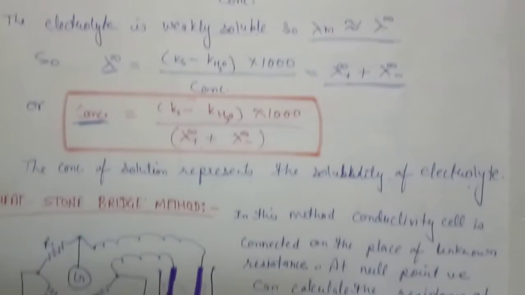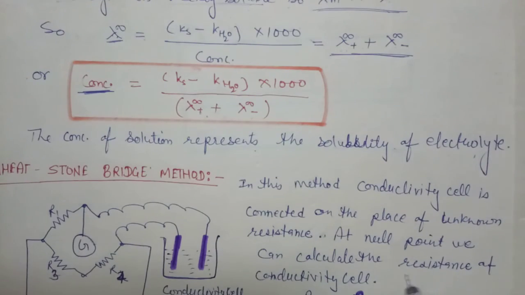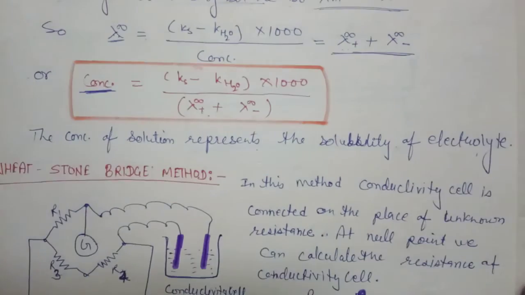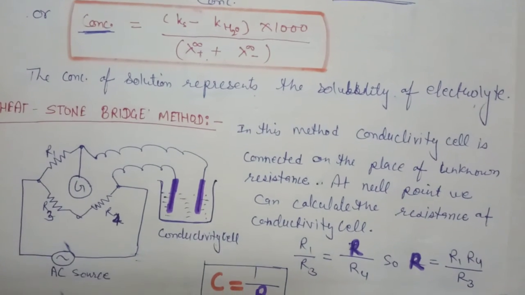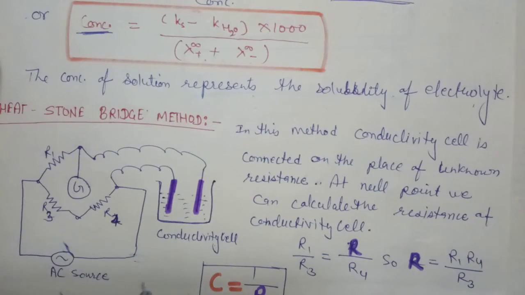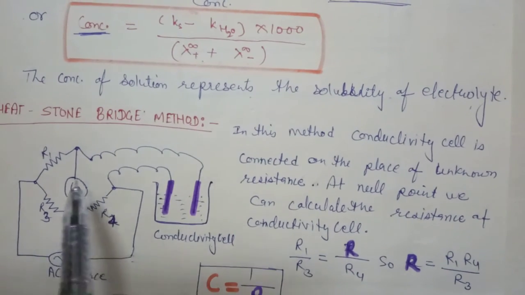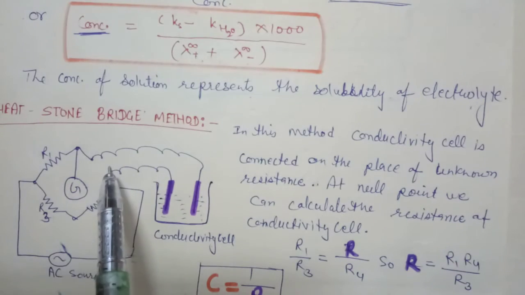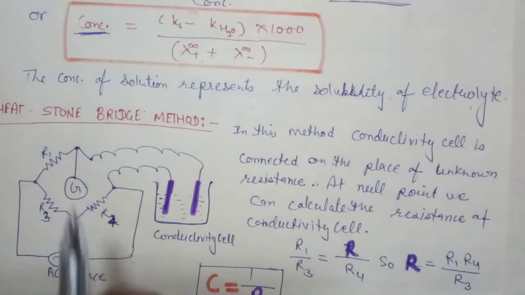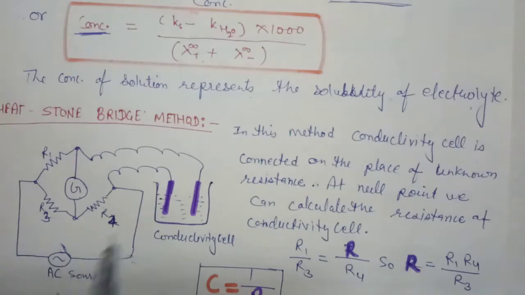Now see what the Wheatstone bridge method is. This method is used to measure the conductivity of a solution. In this method 4 resistances are taken. In physics there are resistance boxes R1, R2, R3, R4 and a galvanometer is attached, and AC is passed.